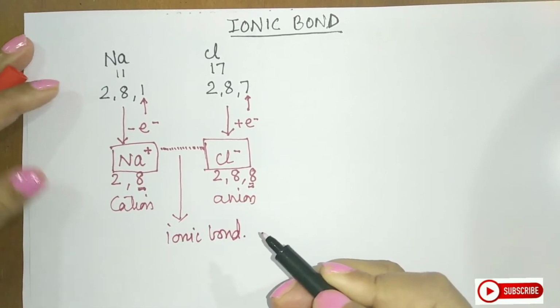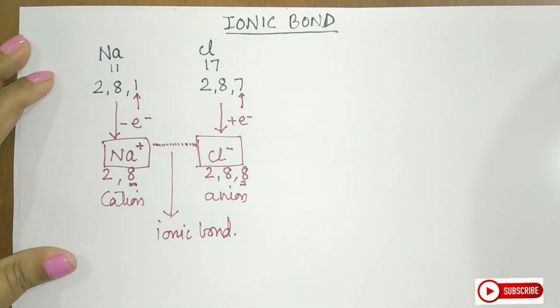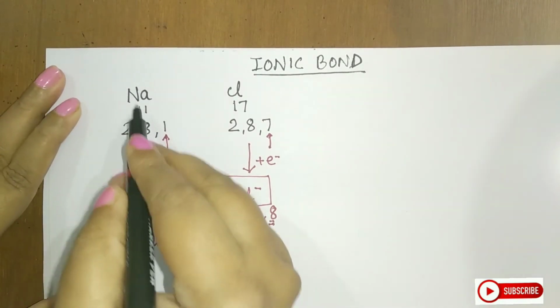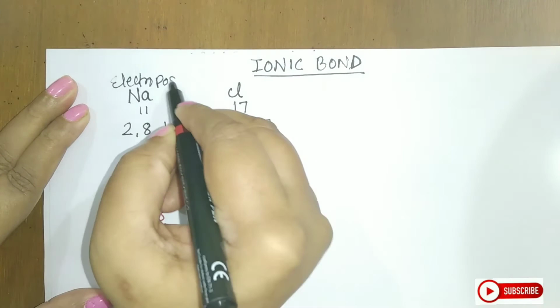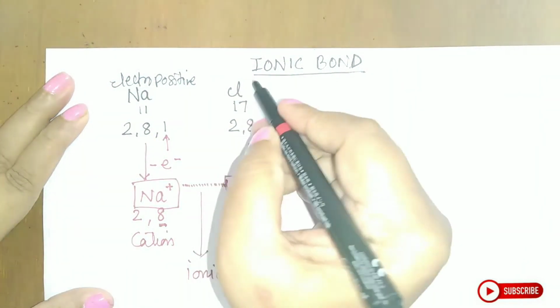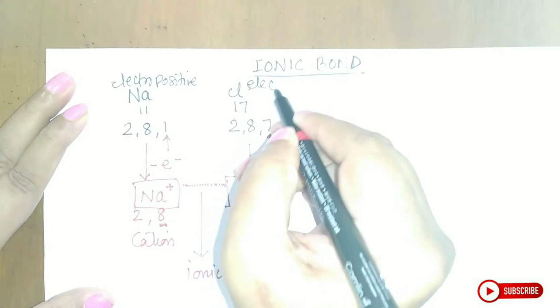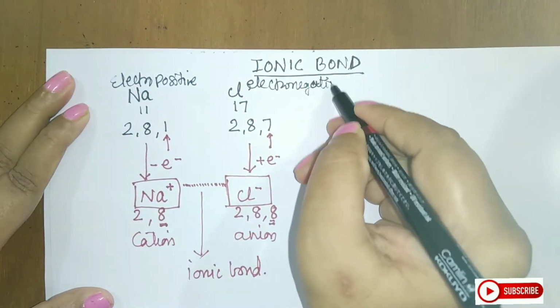So now let us see what is an ionic bond. Before going into the definition, you know that sodium is an electropositive species. What is the meaning of electropositive, student? It can donate the electron, while chlorine is an electronegative species, meaning it can gain the electron.